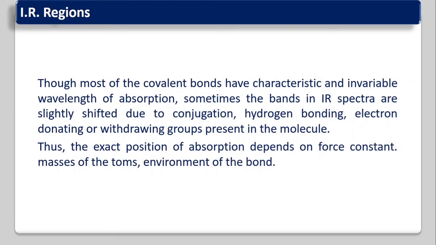Although most of the covalent bonds have characteristic and invariable wavelengths of absorption, sometimes the bands in IR spectra are slightly shifted due to conjugation, hydrogen bonding, electron donating or withdrawing groups present in the molecule. Thus, the exact position of the absorption depends upon the force constant, masses of atoms and environment of the bond.